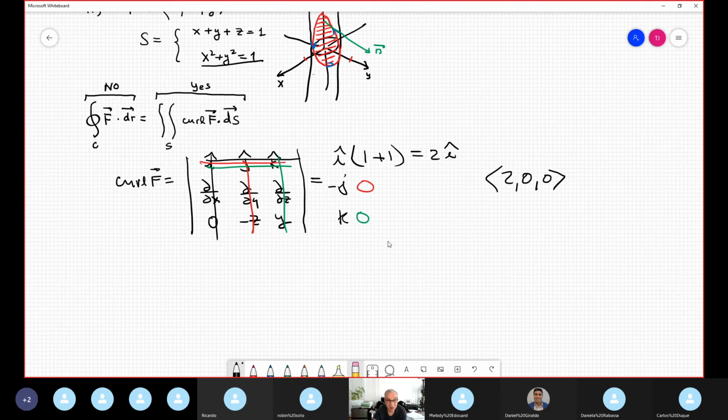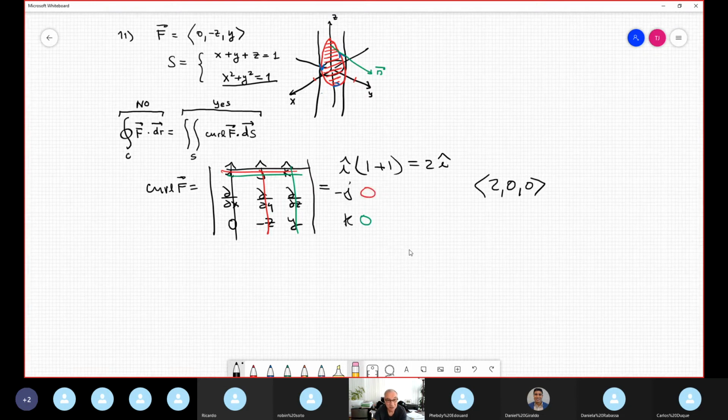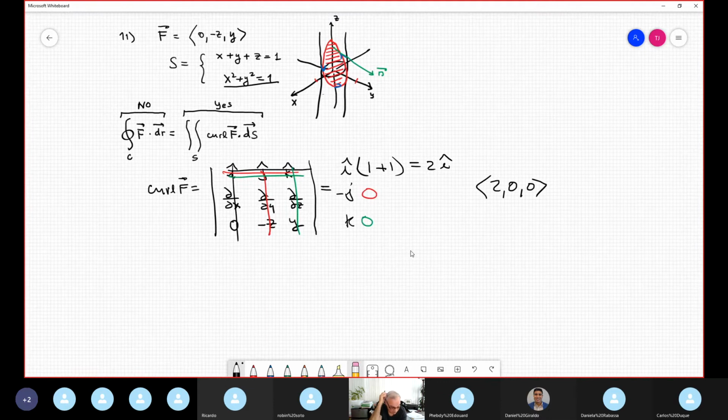Okay, there are many ways. You find the parameterization maybe of the surface or no. Or, for example, you assume a normal vector. So you compute the normal vector. Okay, you compute the normal vector. Look, normal vector or unit normal vector.